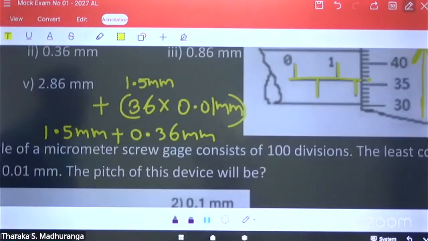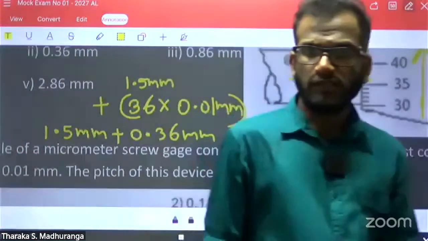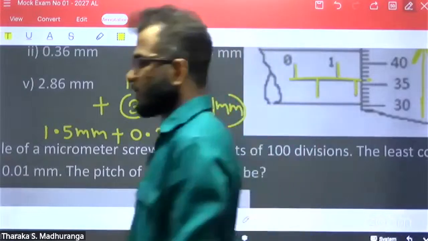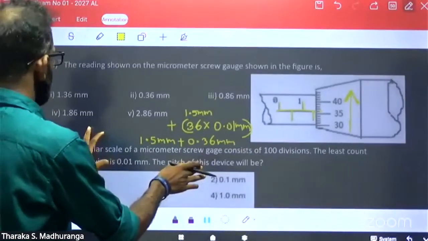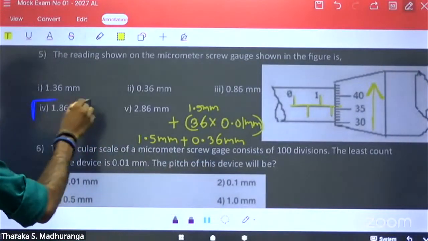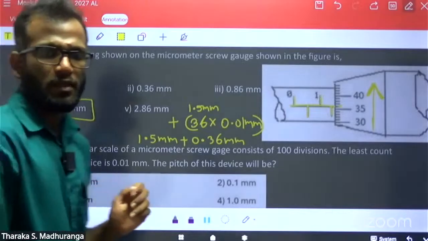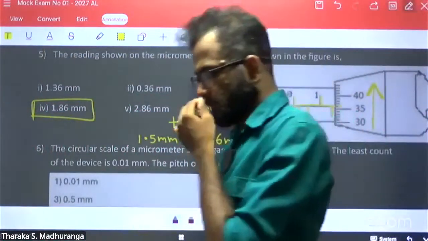Okay, this is the answer. 1.5 plus 0.36, what is the value? 1.86. 1.86 is the answer. Now you can match it to the given answers. 1.86 is answer number 4.